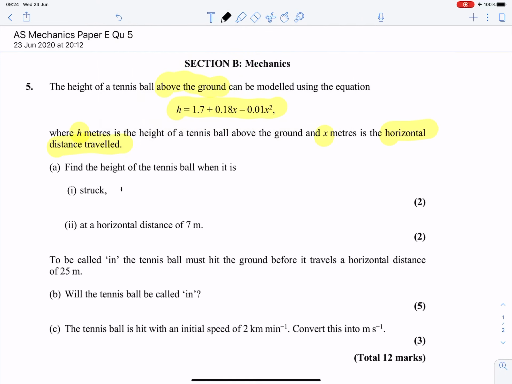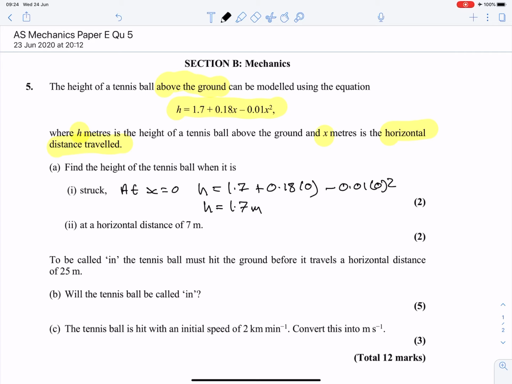So at x equal to 0, h is equal to 1.7 plus 0.18 times 0 minus 0.01 times 0 squared. So h equals 1.7 meters.